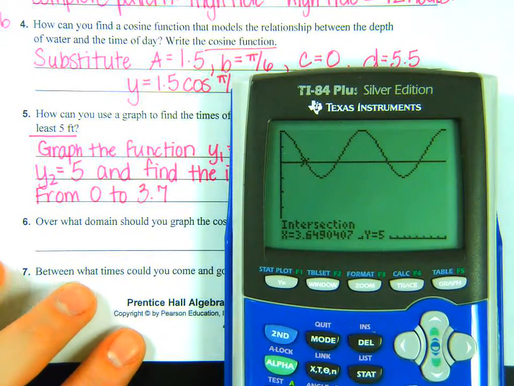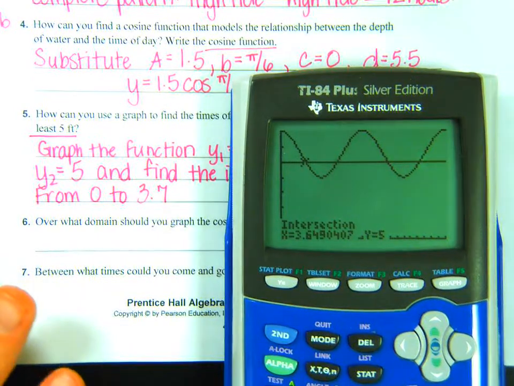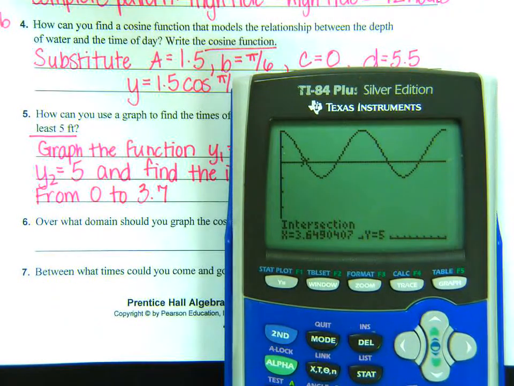Yes. Go through and find the other intersections. You didn't close your parentheses before 5.5.